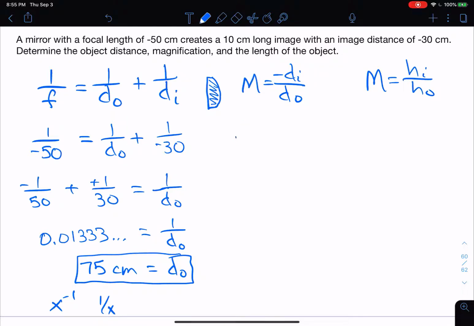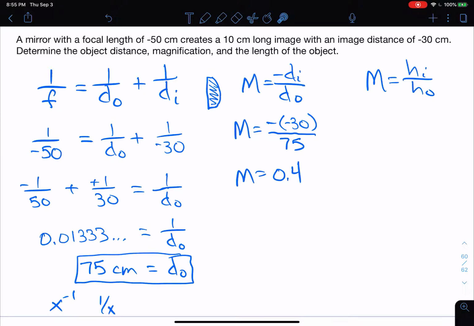So we take the negative of negative 30 over 75, and this works out to be 0.4. There aren't any units. This is negative 30 centimeters over 75 centimeters, so the centimeters just cancel out. No units, and the absolute value is less than 1.